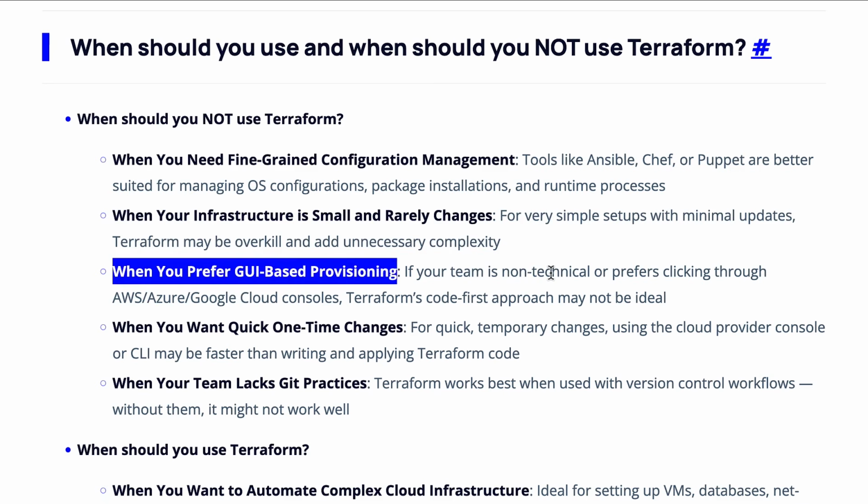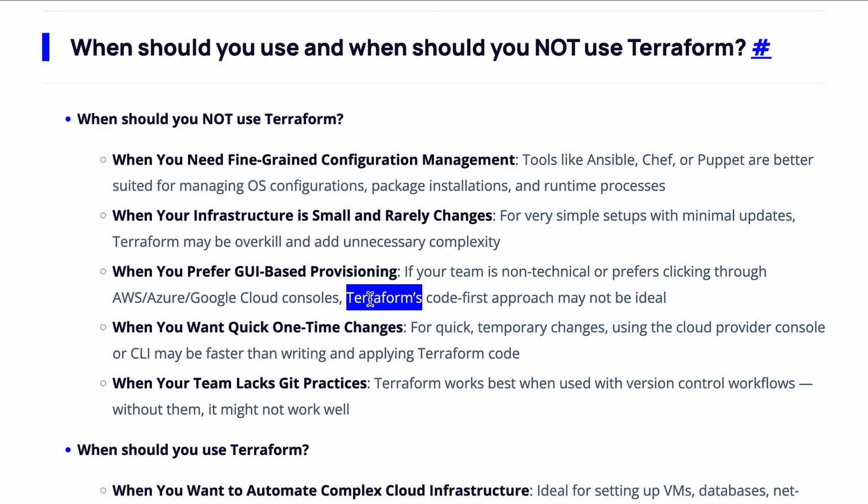Next, when your team prefers GUI-based provisioning. If your team is non-technical or prefers clicking through the cloud consoles, Terraform's code-first approach might not be ideal. When you're using Terraform, you need to use Terraform's language called HashiCorp Configuration Language or HCL. You use HCL scripts to provision your infrastructure. Your team needs to be a little technical to be able to manage HCL scripts.